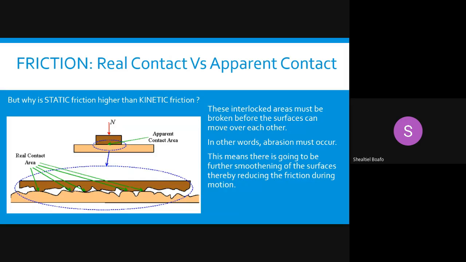So now this is point 2: further smoothing between the two surfaces. And one more thing we need to mention is that pressure will also reduce, because once there's smoothing, the area of contact will increase. That's the actual, real area of contact.